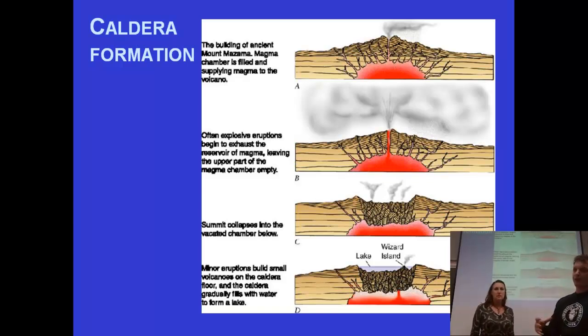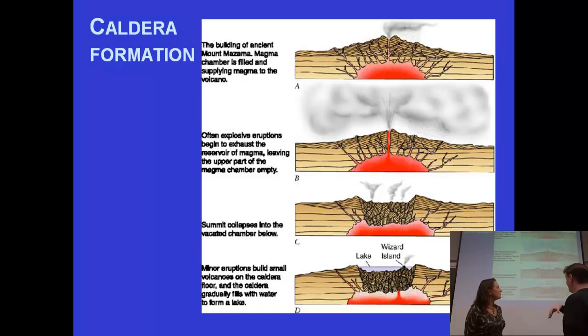All that material is going to end up being ejected out into the atmosphere and along the sides of the volcano, and then all of this rock here that's now been fragmented, right, is all going to kind of cave into each other into that void space that the emptied out magma chamber has left behind.